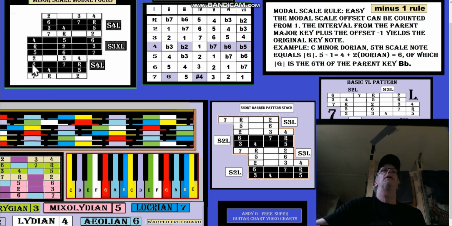Starting on this 6, it would go 6, 7, R, 2, 3, 4, 5, 6, 7, root, 2, 3 to root.